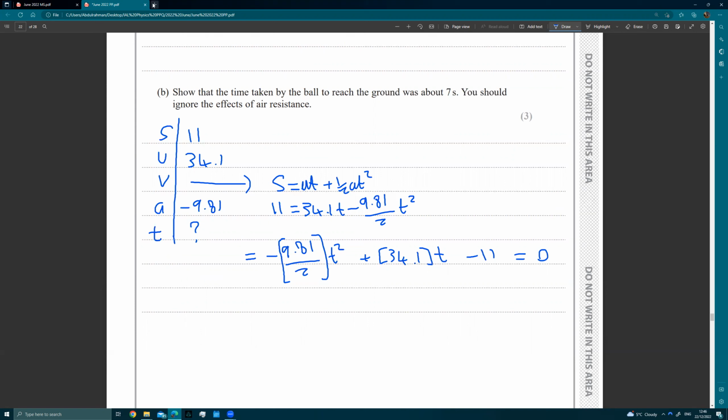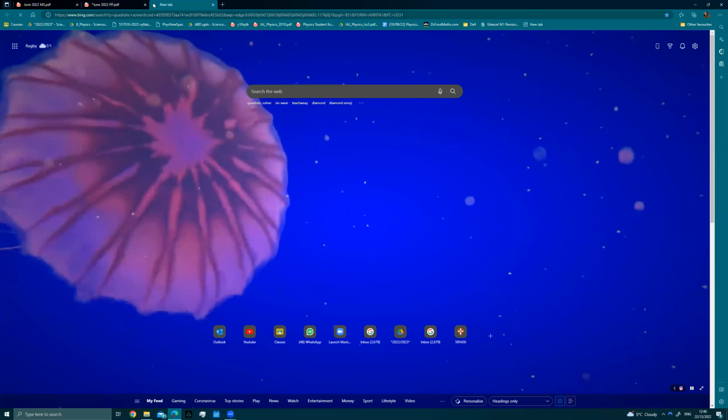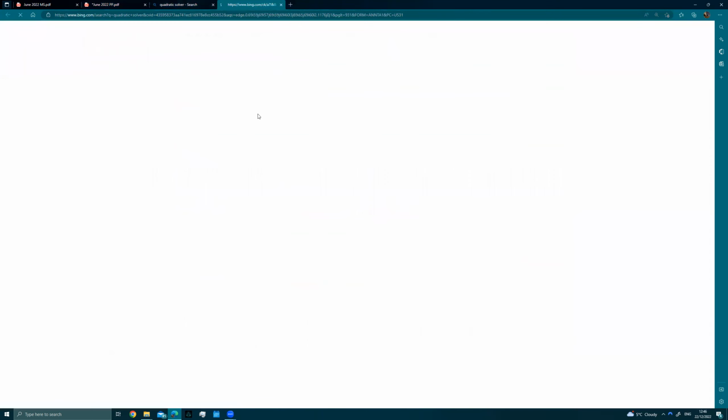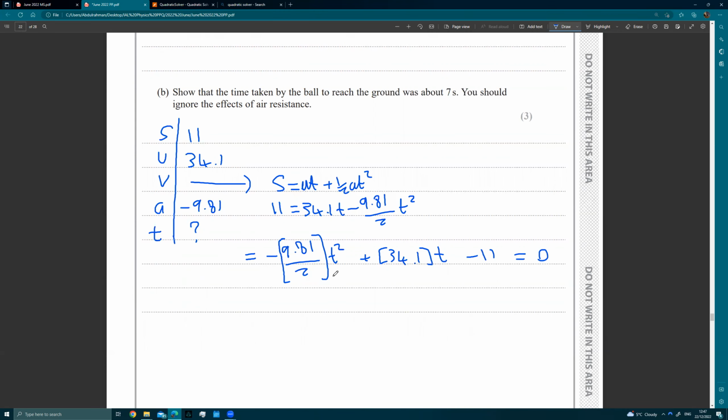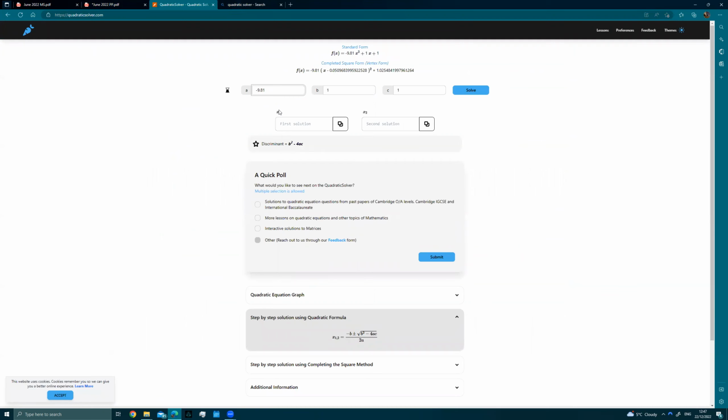I don't have a calculator, I lied, so I'm just going to use one online. So what is our A, B, and C? Our A term, our T squared term, is minus 9.81 over 2.